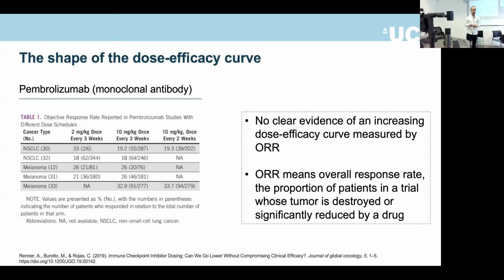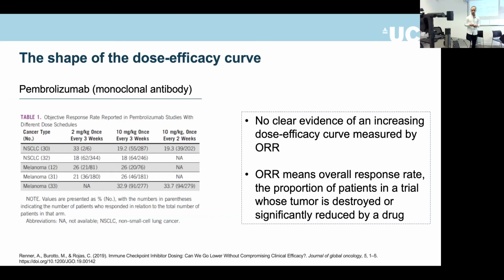Now, pembrolizumab, which is a monoclonal antibody, has been around now for a couple of years. It's part of immunotherapy in terms of treatment strategies. And this table includes a recent review of 5 studies, 2 in lung cancer and then 3 in melanoma, where you can see that regardless of the dose level, the response rate doesn't seem to be particularly affected.